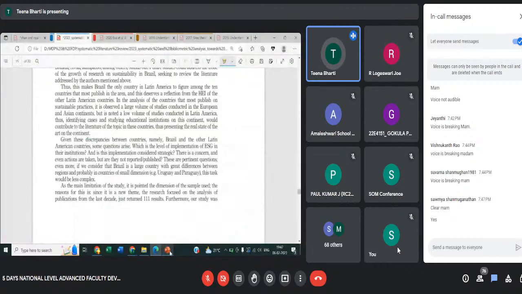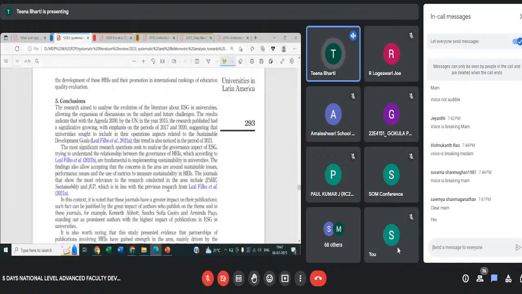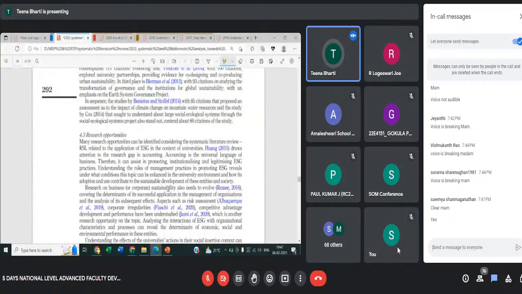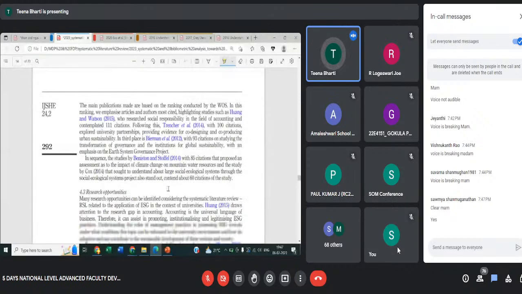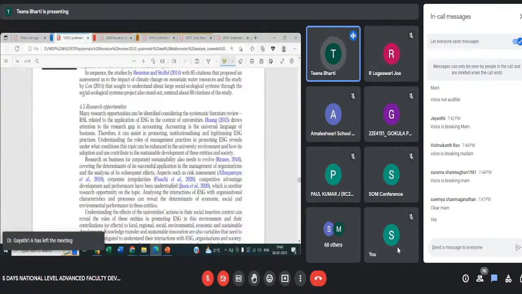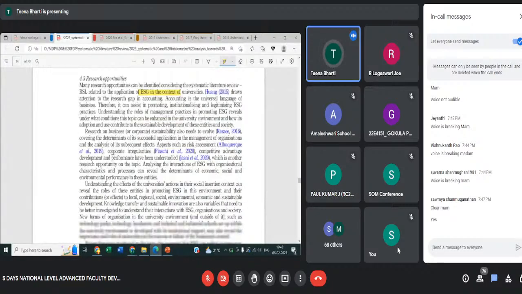Now what it means is that you have to explore the entire literature and the discussion of the article. Sometimes researchers also indicate various opportunities wherein a future researcher can explore further. For example, many research opportunities can be identified considering the systematic literature review related to the application of ESG, in the context in which it has been applied and where it can be utilized.